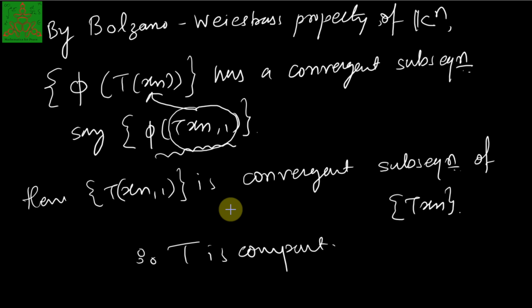Obviously, if H is a finite dimensional space, then a bounded linear operator is compact. If H is a finite dimensional space, the range space is also finite dimensional, so therefore T is compact.